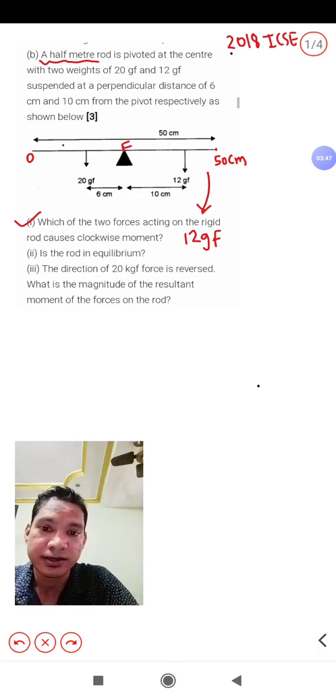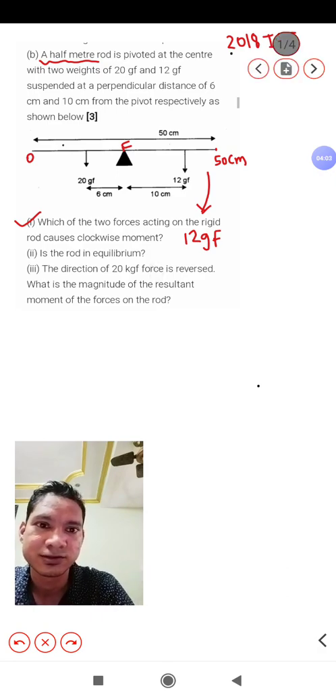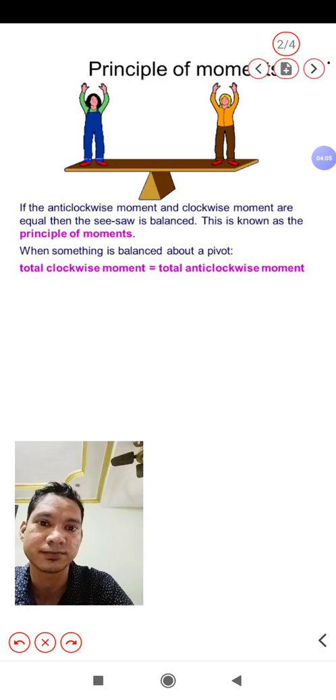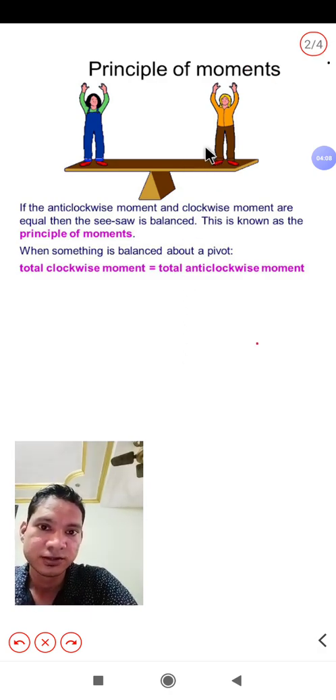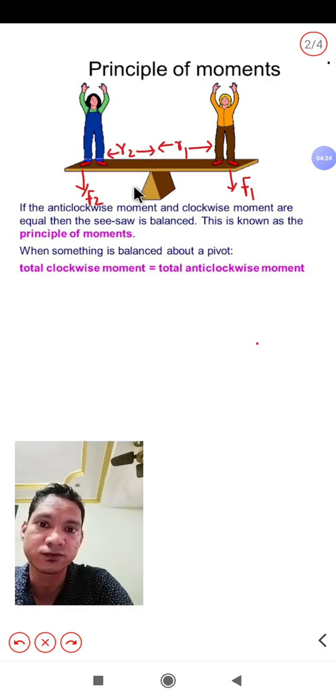Further, is the rod in equilibrium? For that we need to check whether clockwise moment is equal to anti-clockwise moment or not. So let's calculate the clockwise moment and anti-clockwise moment. But what is the formula? Let me call the forces F1 and F2, R1 the distance of F1 from the fulcrum, and R2 the distance of F2 from the fulcrum.